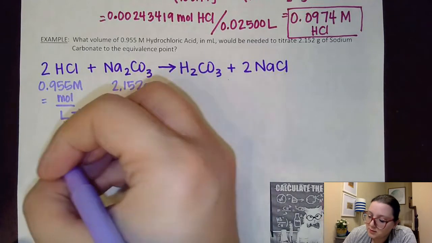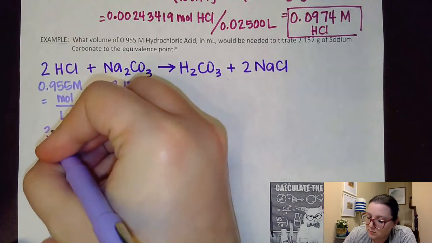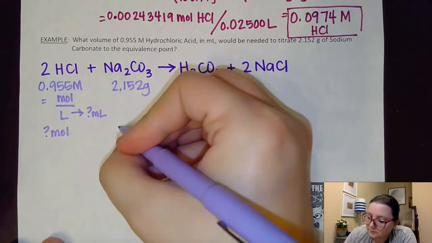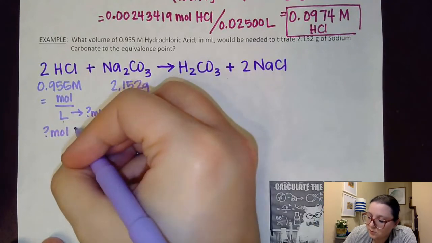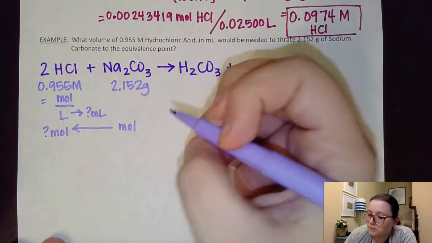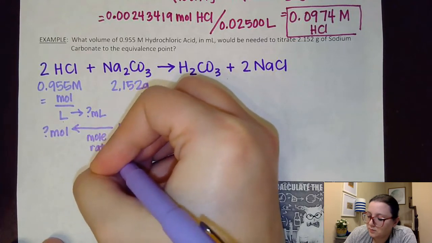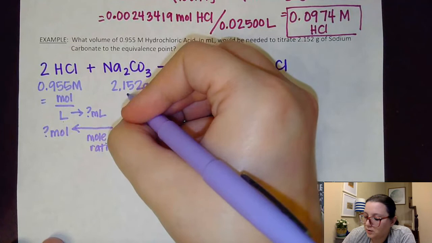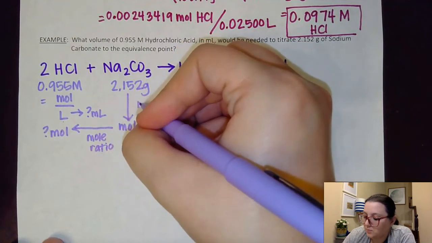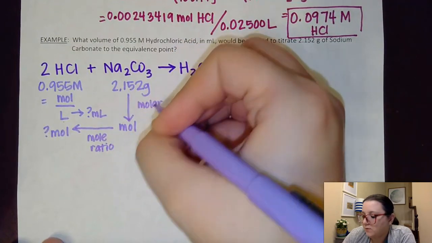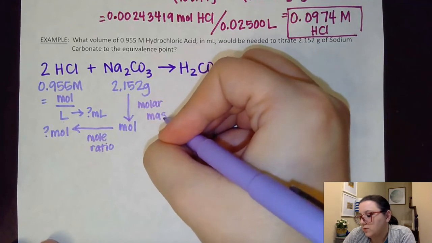So what that means here is that I'm actually trying to figure out the moles, which means I would need a mole-to-mole ratio. And I would want to work grams to moles utilizing the molar mass again. However, I am going to share something with you as kind of a trick.